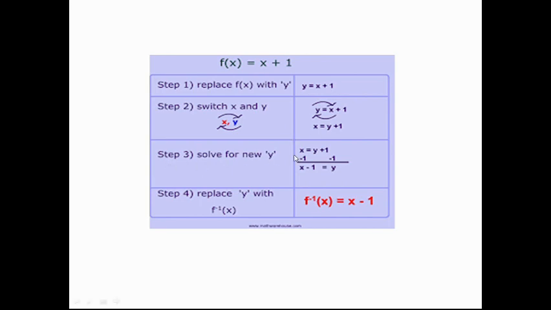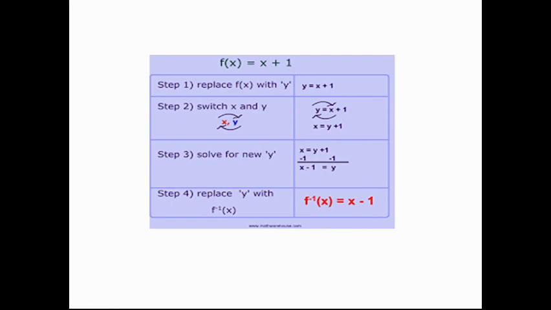Now whatever equation you get by switching x and y, you solve the new equation for y. Here, by switching x and y, we get x equals y plus 1. Now solve this equation for y. When you solve this equation for y, what do you get? y equals x minus 1.